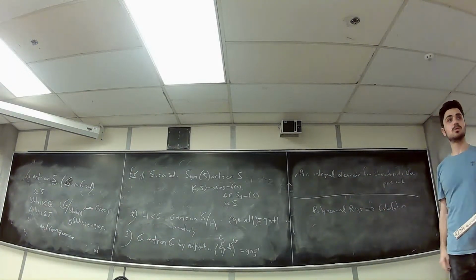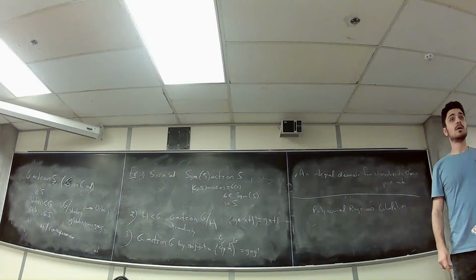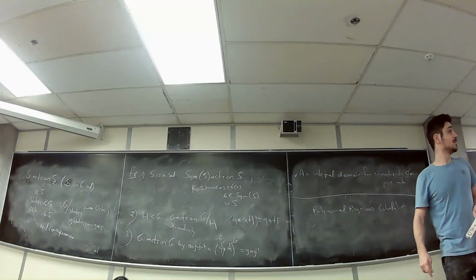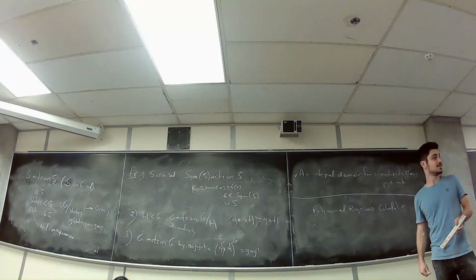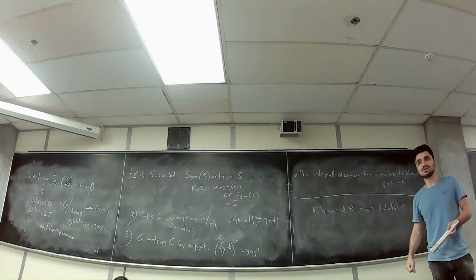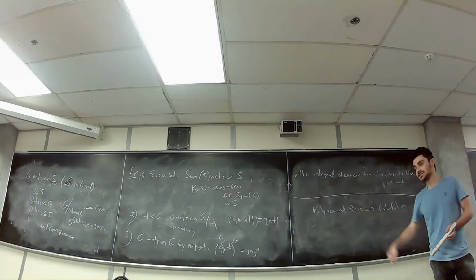Now, what is the set of fixed points of this action? The orbits of size 1. What are the orbits of size 1 in that case?